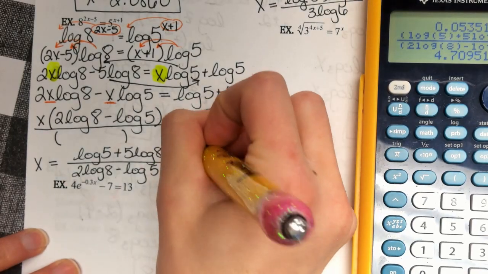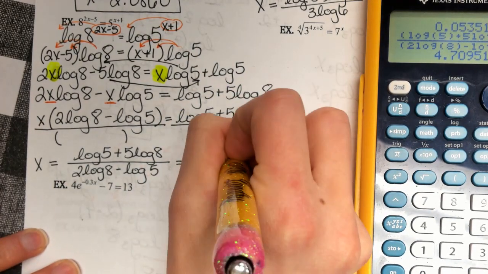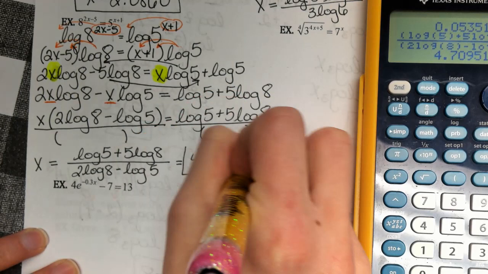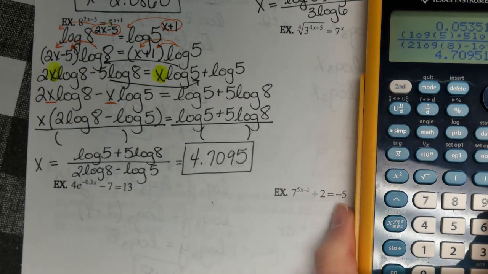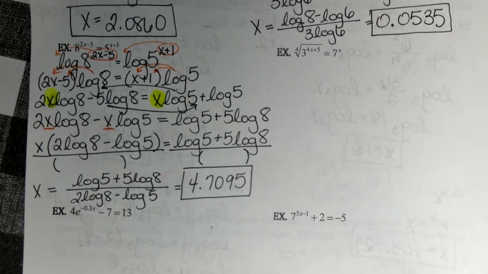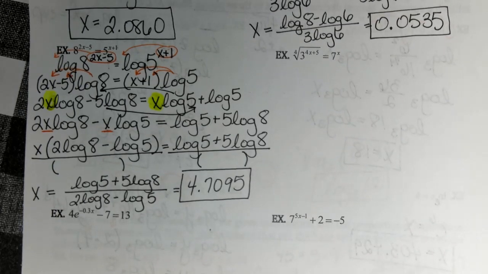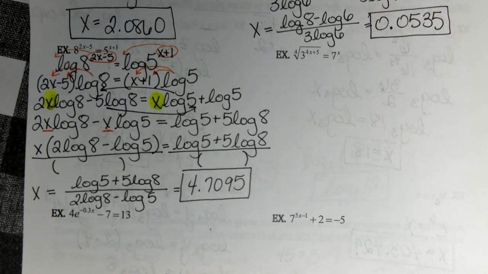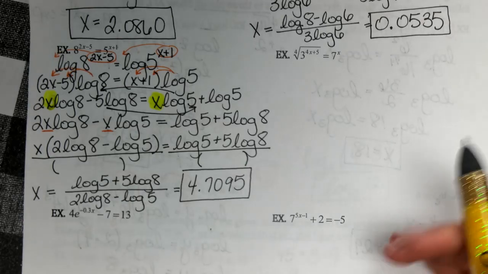So that's going to give me 4.7095. Okay.